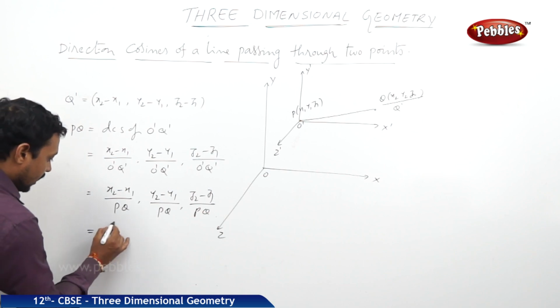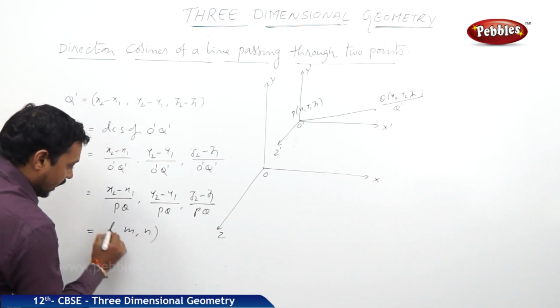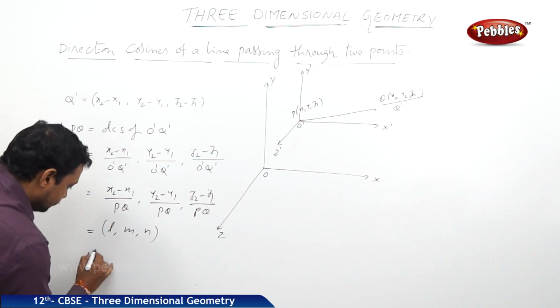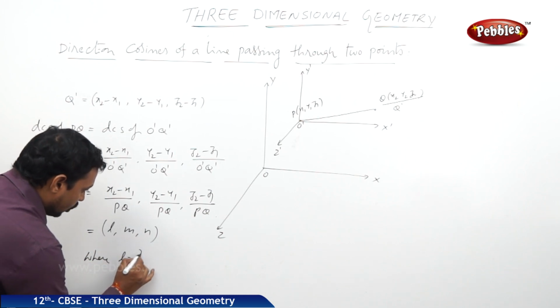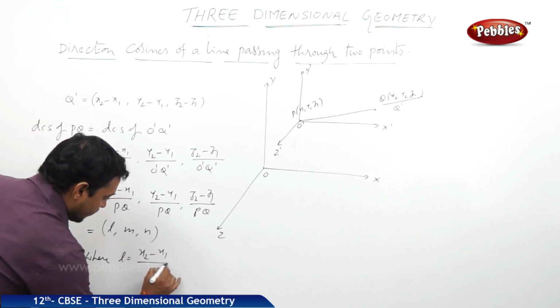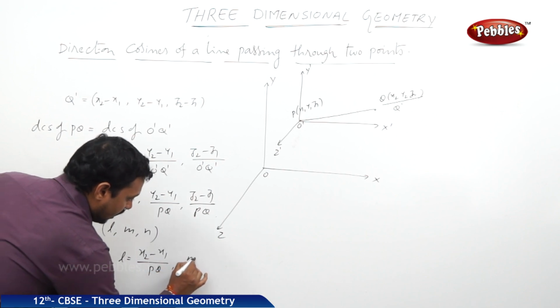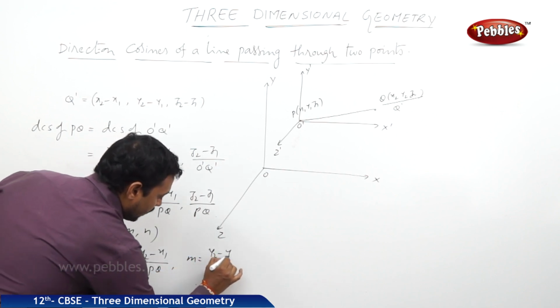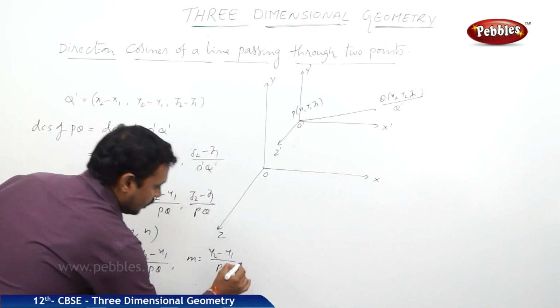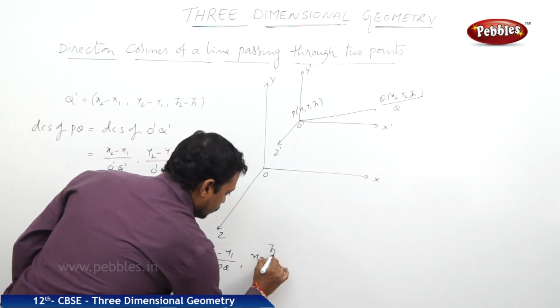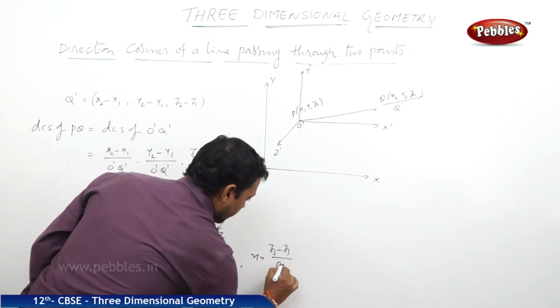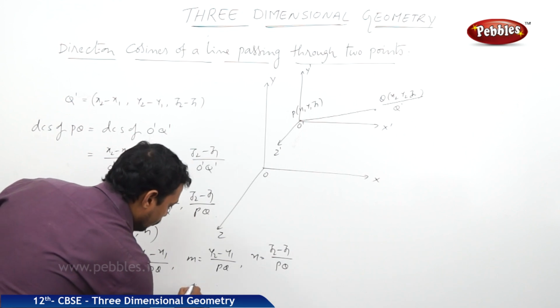So, let them be l, m, n, where l is equal to x2 minus x1 by PQ, m is equal to y2 minus y1 by PQ, and n is equal to z2 minus z1 by PQ. But what is PQ?